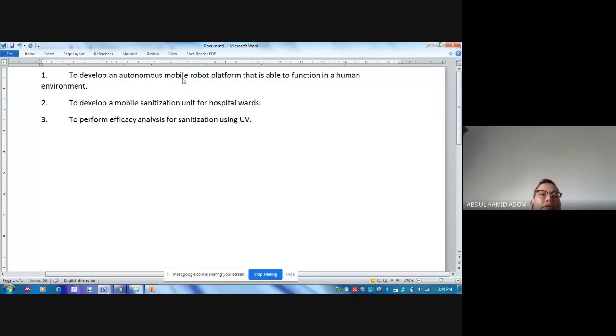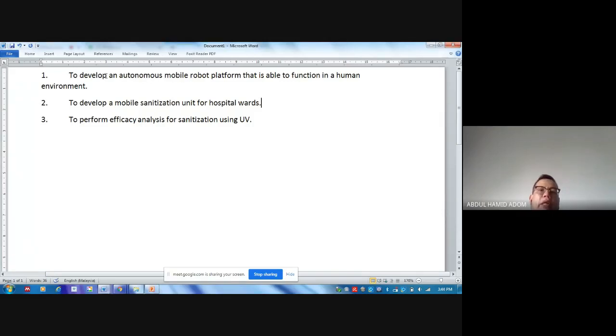But for example, to develop a mobile sanitization unit, in the methodology you may actually want to investigate a few methods, you may be using alcohol, using UV, and so on. Understand? So these can be objective statements, because the way you develop the sanitization unit may be a few ways.